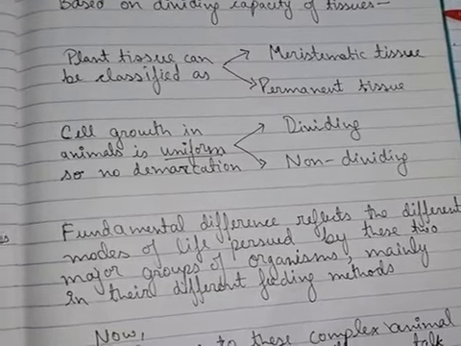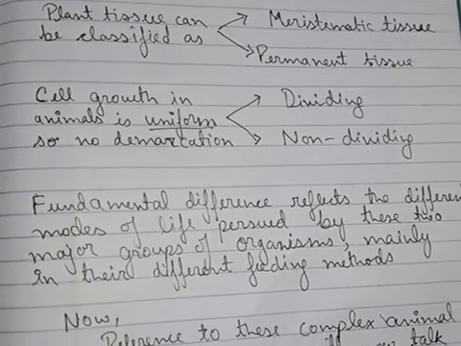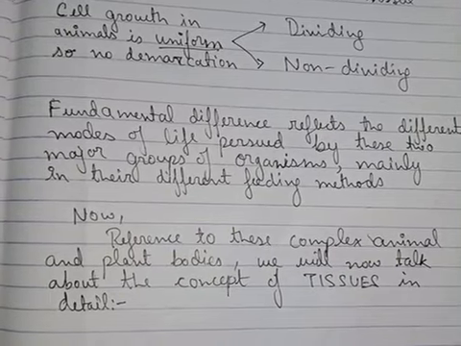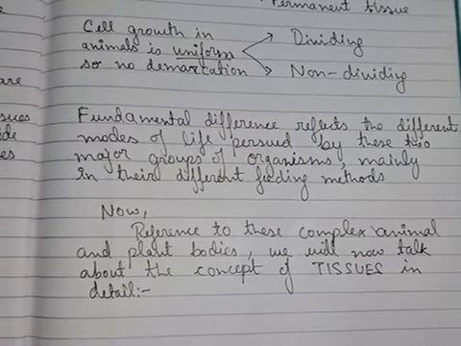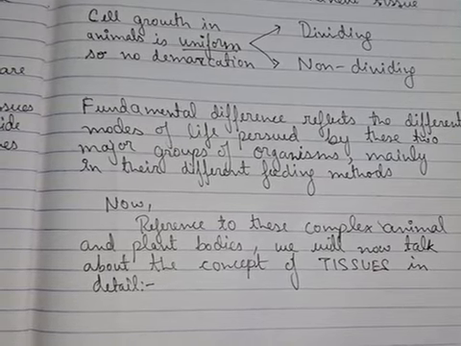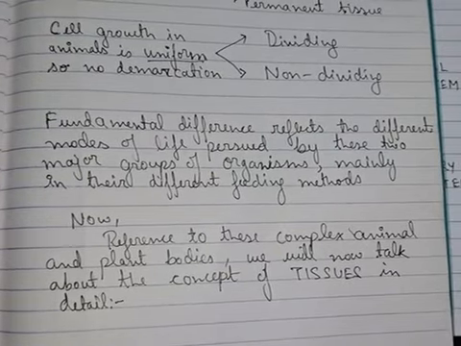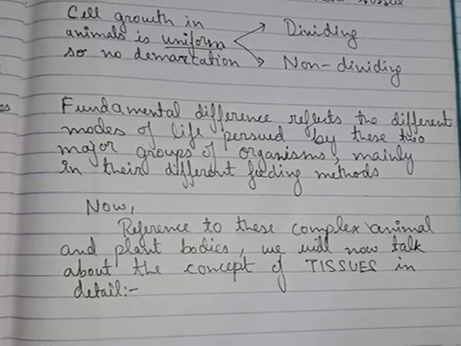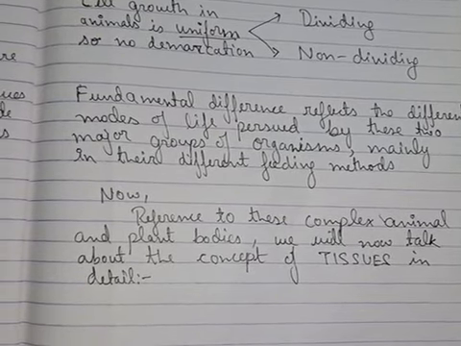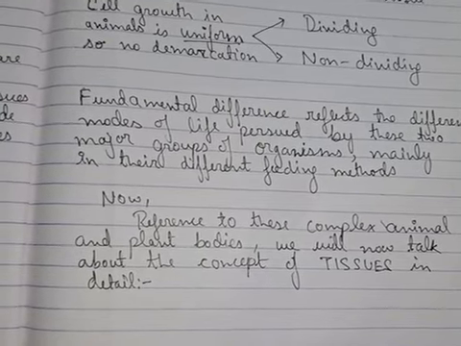No demarcation means no separation between dividing and non-dividing cells. This fundamental difference reflects the different modes of life pursued by these two major groups of organisms, mainly in their different feeding methods. With reference to these complex animal and plant bodies, we will now talk about the concept of tissues in detail.